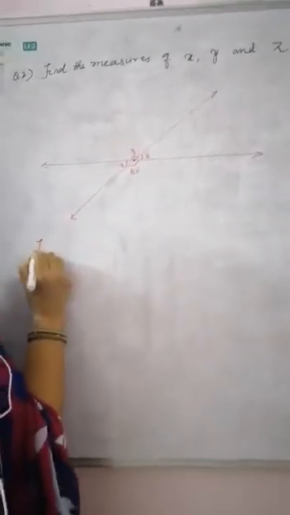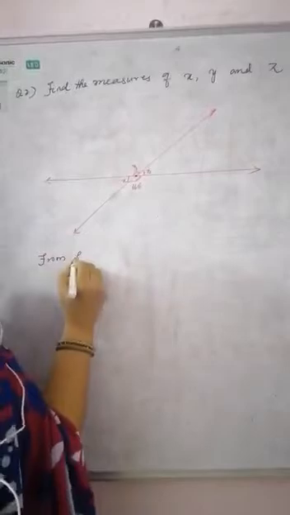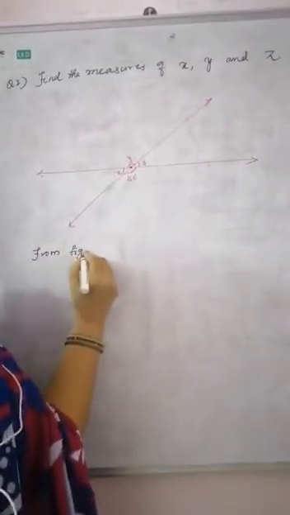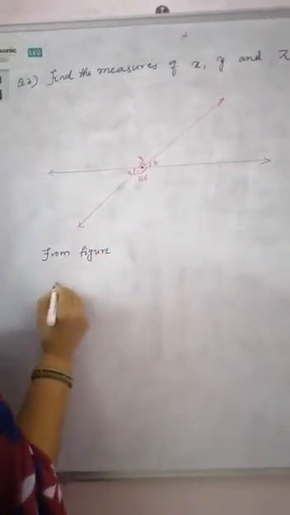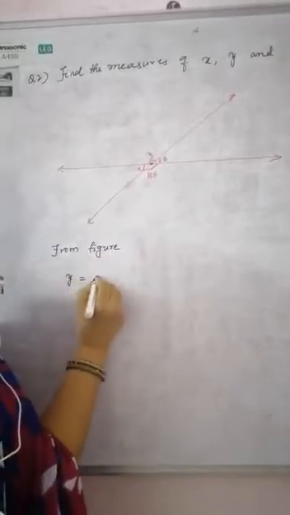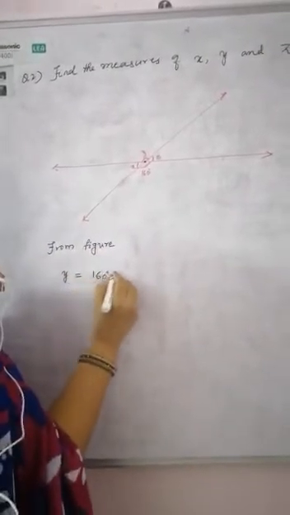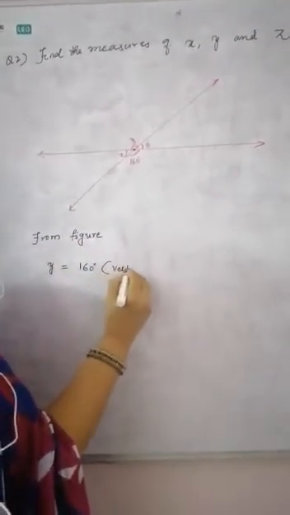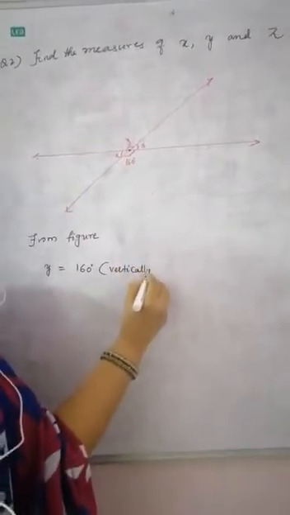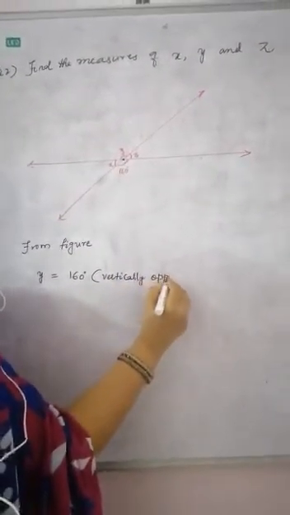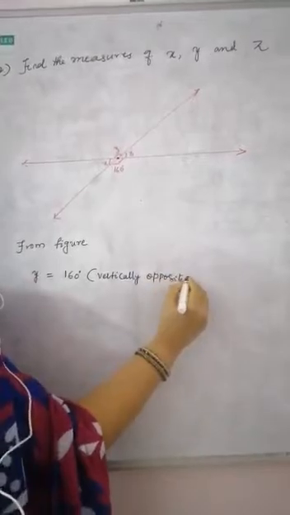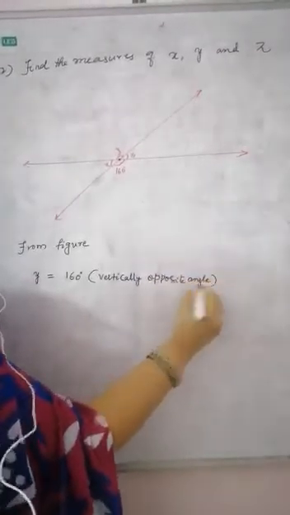So from the figure, what did you observe, children? From the figure, angle Y is equal to 160 degrees. Why? Write the condition here: vertically opposite angles. One more, children.